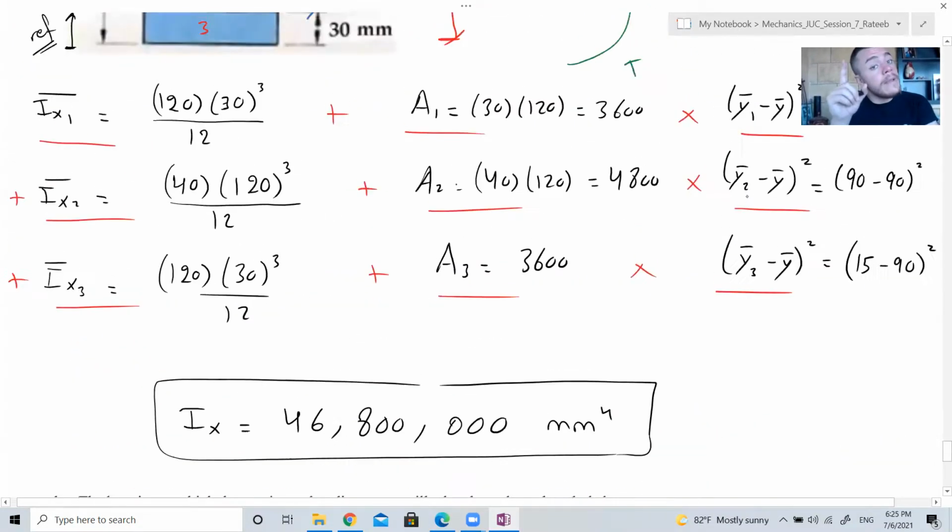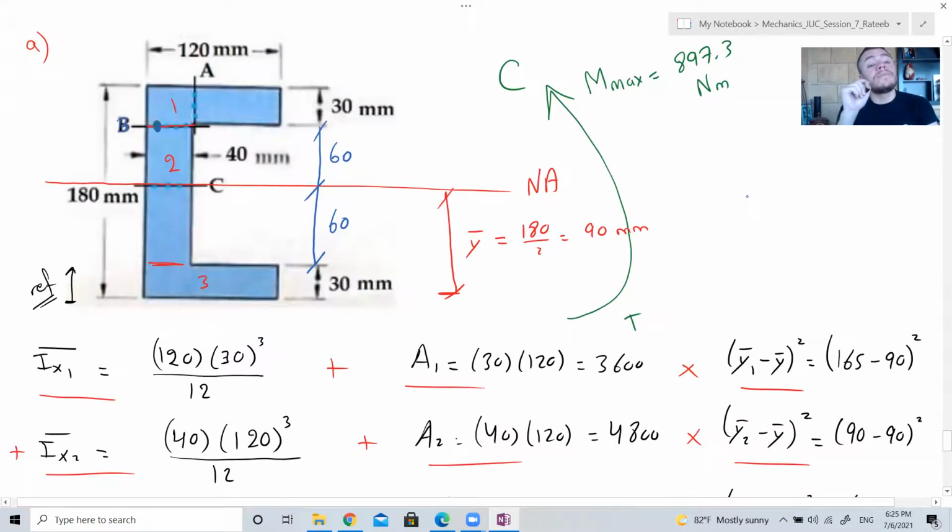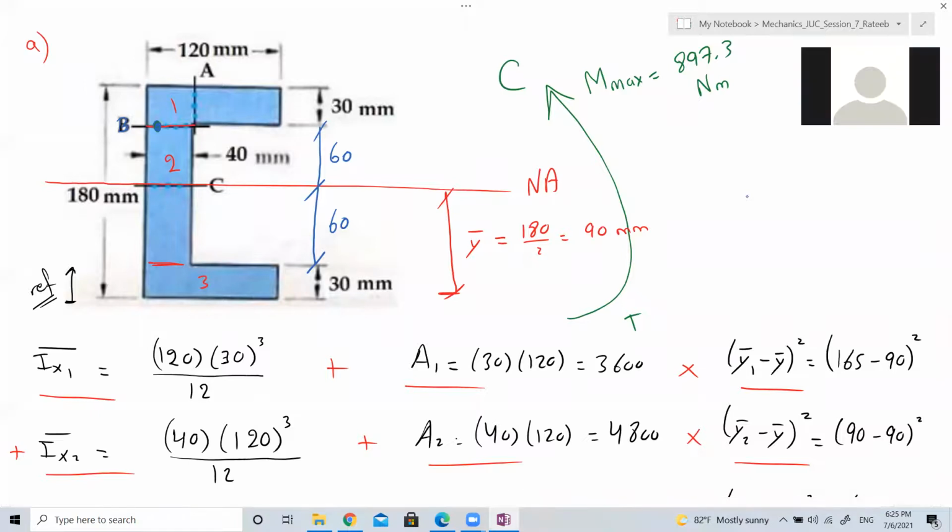What is y for point B? 90. Wrong. Oh no, 50. Wrong. 150. Wrong.